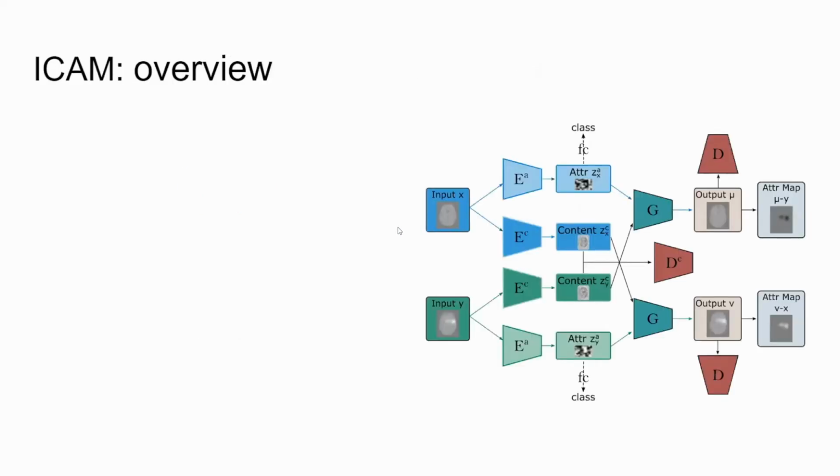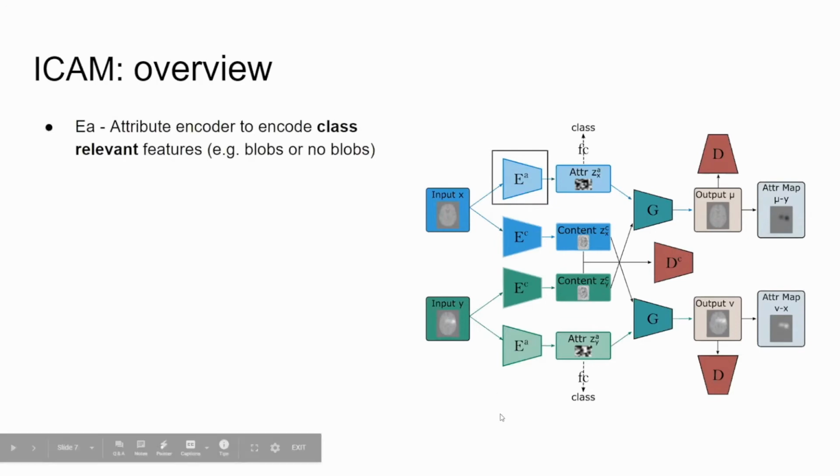So coming back to ICAM, here we have an overview of how we achieve translation and a difference map between two specific inputs. Taking input X of class 0 without lesions and input Y of class 1 with lesions, the inputs are encoded using a shared attribute encoder to encode class relevant features.